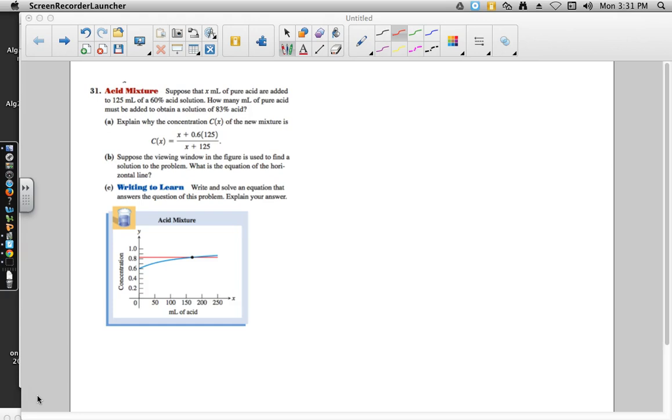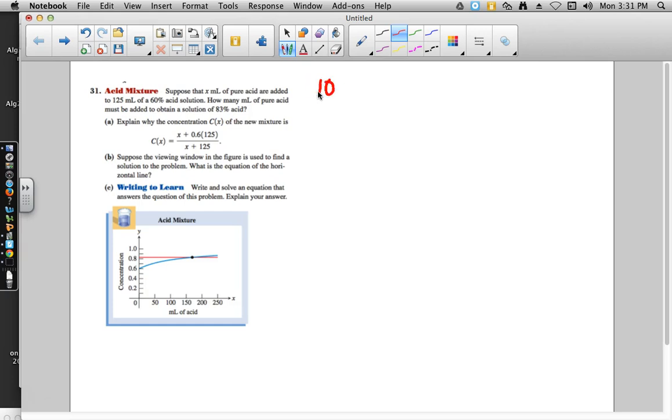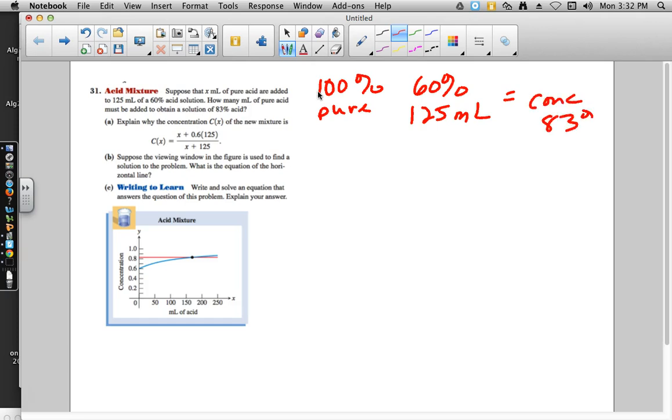We're starting off with 100% pure acid. And we're going to add the 60% solution. Let me just keep that percent for now. And we have 125 milliliters of that. And we want a concentration of 83% of the mixture.